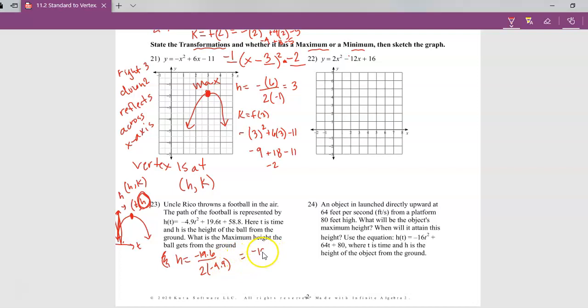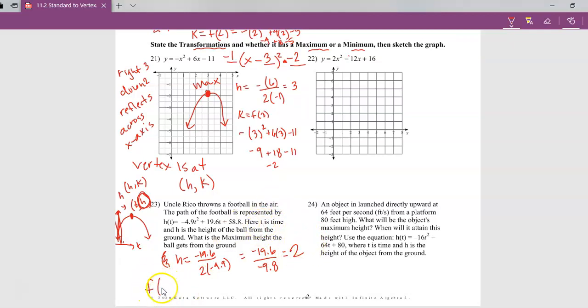So that would be -19.6 divided by -9.8. I want to say that is just 2, but let me double check my calculator. So negative 19.6 divided by negative 9.8 is equal to 2. So h is 2.